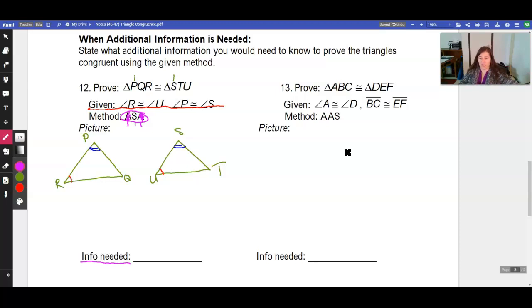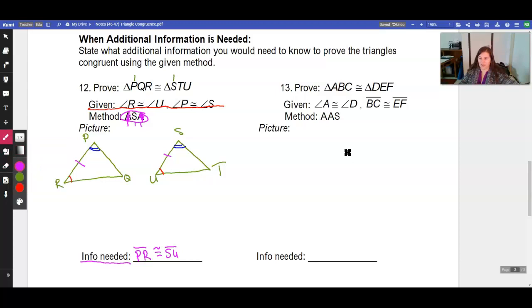So the thing that we need is we need that PR, this side, because this is the side between the two angles, and SU, again the side between the two angles, we need that to be congruent. So info needed, we need that PR is congruent to SU in order to prove angle, side, angle. Okay, so these questions are a little bit different, they're a little bit higher level.